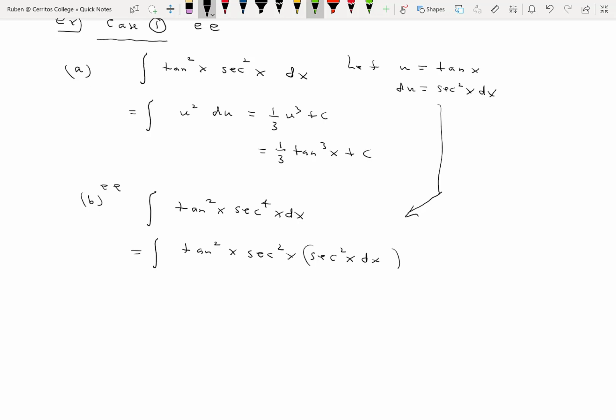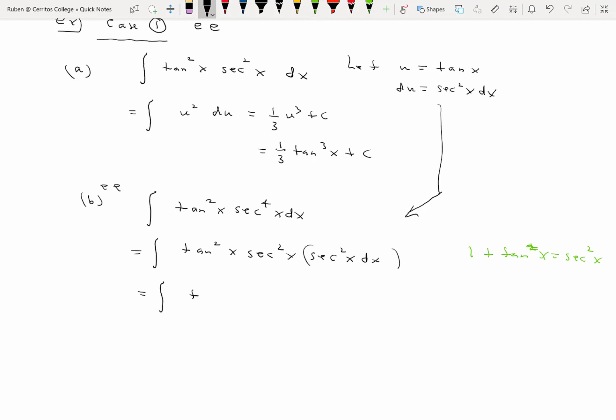One of those things that I said that we need to remember is that 1 plus tangent squared x equals secant squared x. This is one of the identities we're going to need. So that secant squared x is simply 1 plus tangent squared.